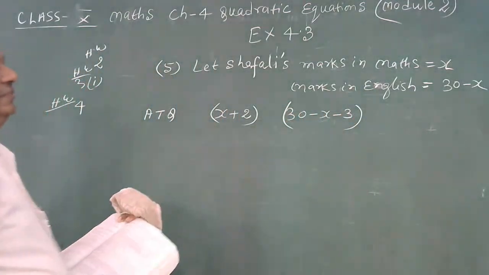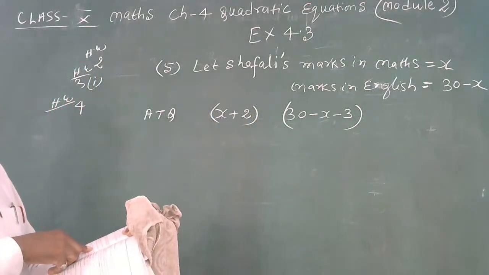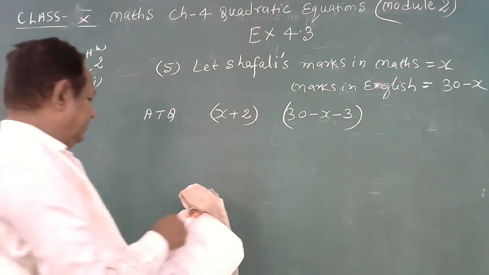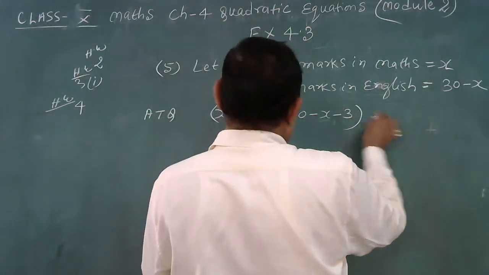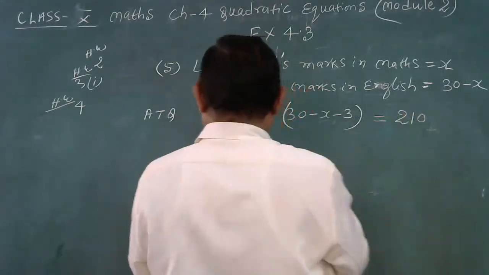This is marks in mathematics, marks in English. The product of their marks would have been 210. Product means multiply, is equal to 210.